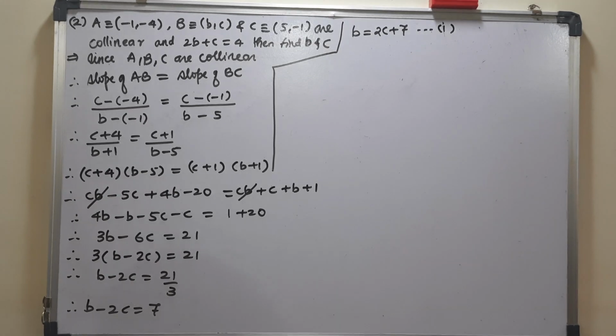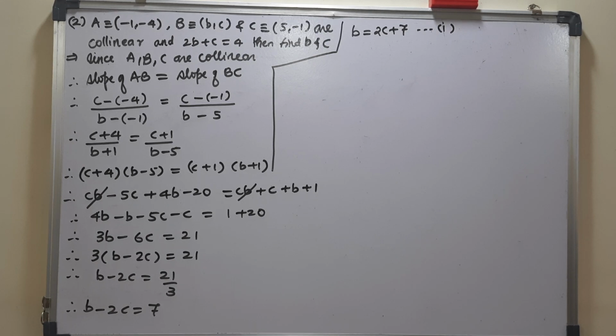Now I did not get the exact value of B nor the exact value of C. So I will search in the question if I am having any relationship of this. In the question it is told that 2B plus C is equal to 4.